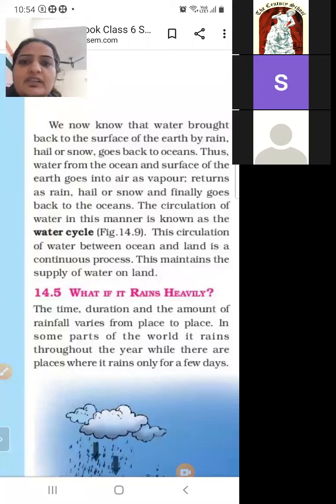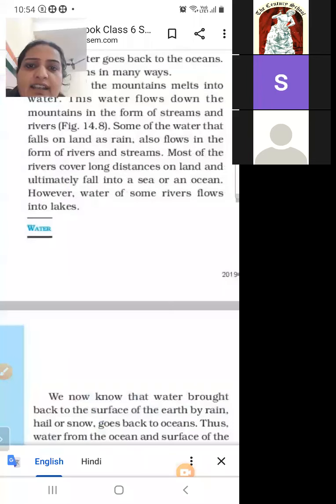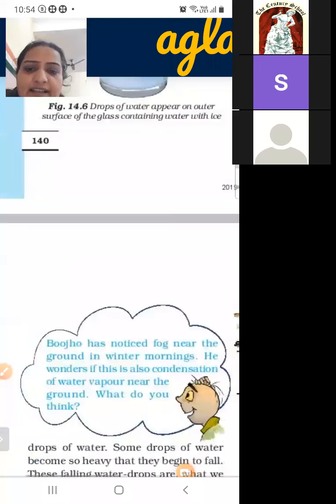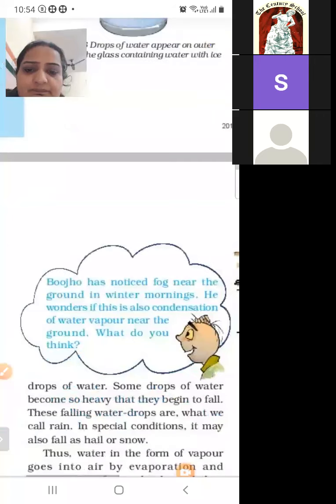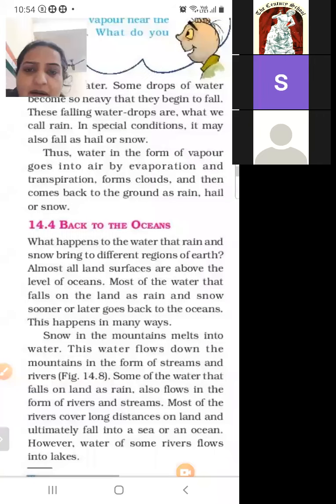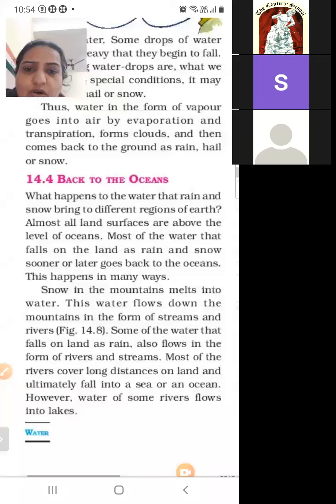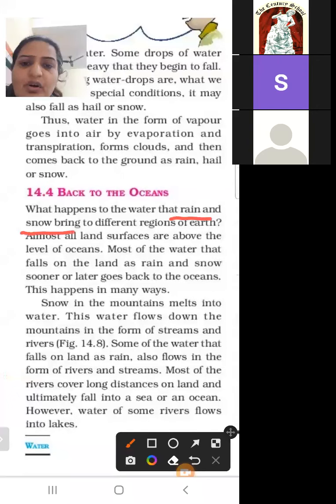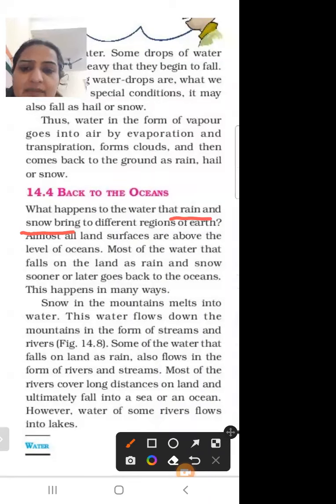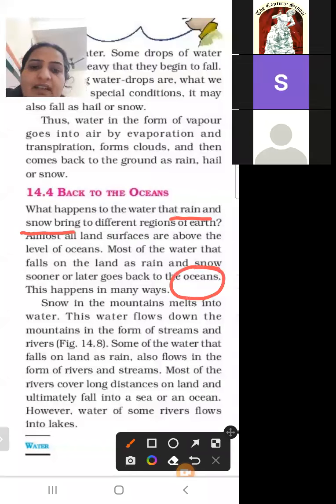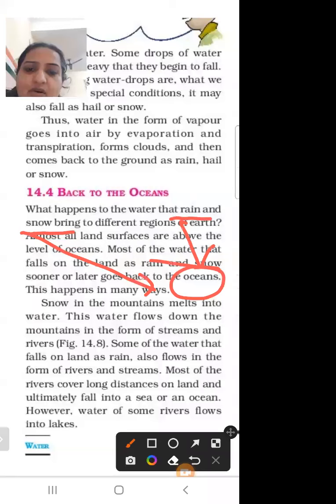Again, I am repeating, back to the ocean. So all rainwater and all snow, where does it go? These rainwater and snow water will meet the ocean. And how will they meet the ocean?